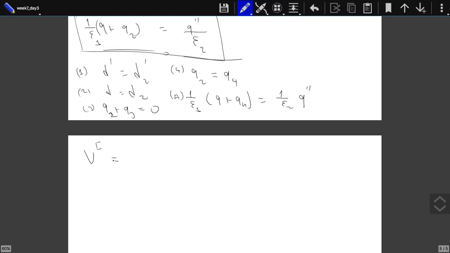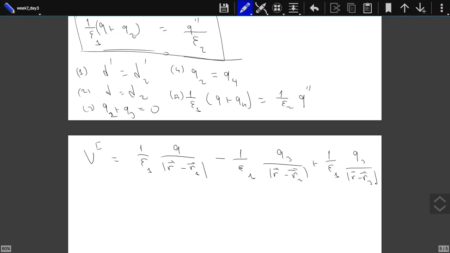So V1 in region 1 will be 1 over epsilon 1 q over |r minus r1|, plus 1 over epsilon 2, or minus 1 over epsilon 2, q3 over |r minus r2|, because we know that q2 is minus q3, plus 1 over epsilon 1 q3 over |r minus r3|, and q4 is just q2, which is minus q3, minus 1 over epsilon 1 q3 over |r minus r4|.